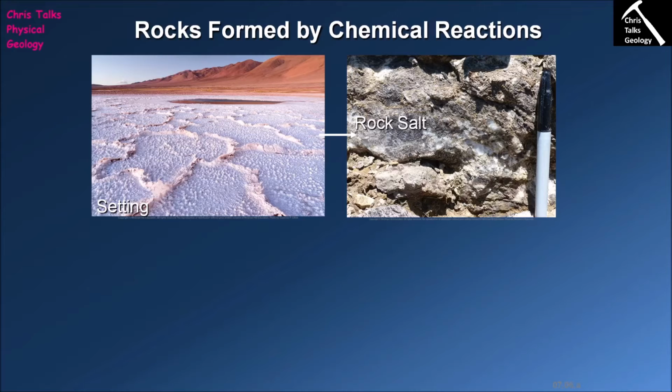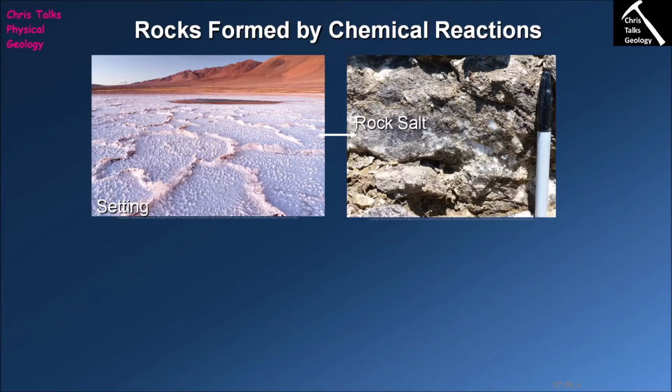Now when it comes to non-clastic sedimentary rocks, they typically fall into two broad groups. The first group is produced due to chemical reactions, and those chemical reactions can be due to water evaporating away or the mixing of two different fluids with different compositions. Then the other group are non-clastic organic rocks, which are related to organic processes.